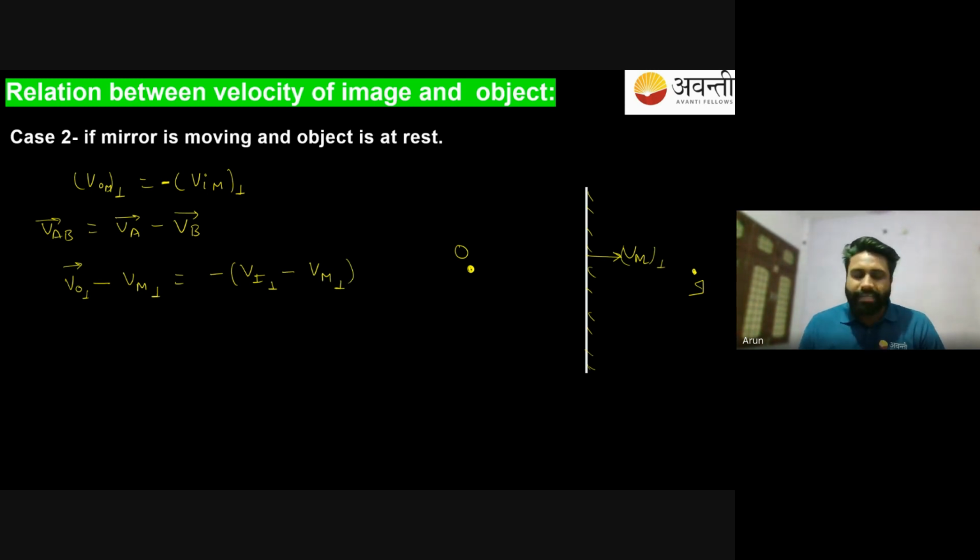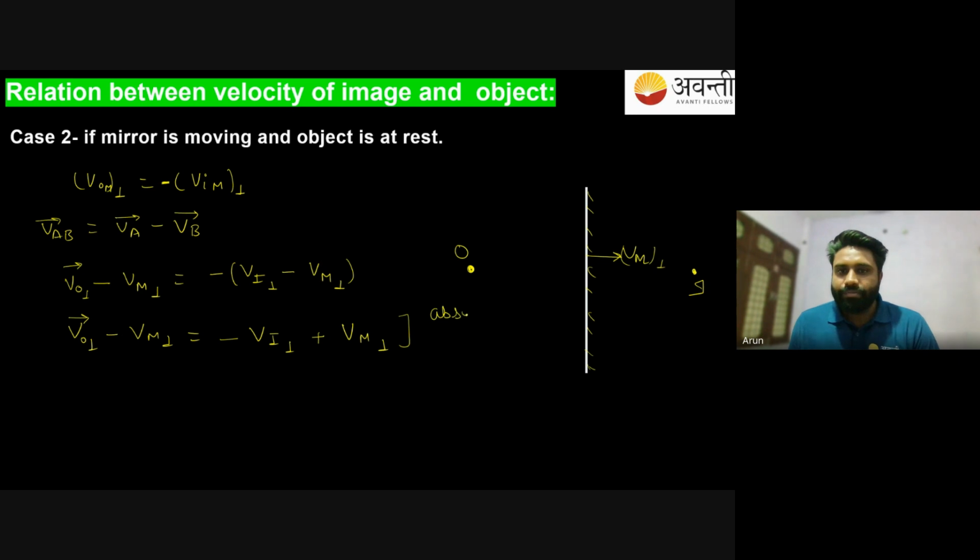Just multiply this minus inside. So we have velocity of object perpendicular minus velocity of mirror perpendicular is equal to minus of velocity of image perpendicular plus velocity of mirror perpendicular. These all are the absolute velocities, means measured from the rest.